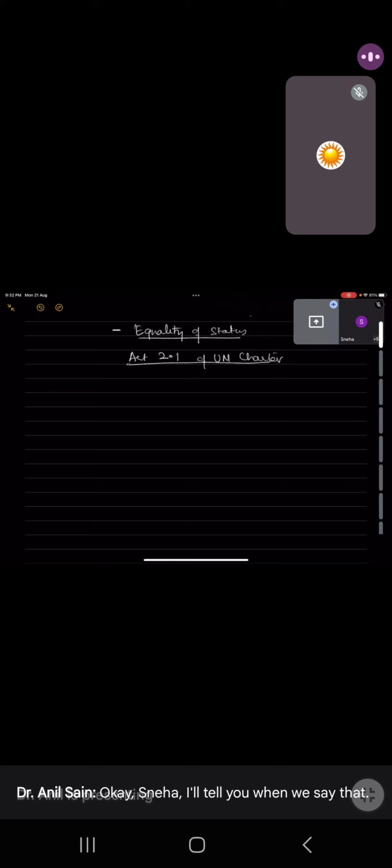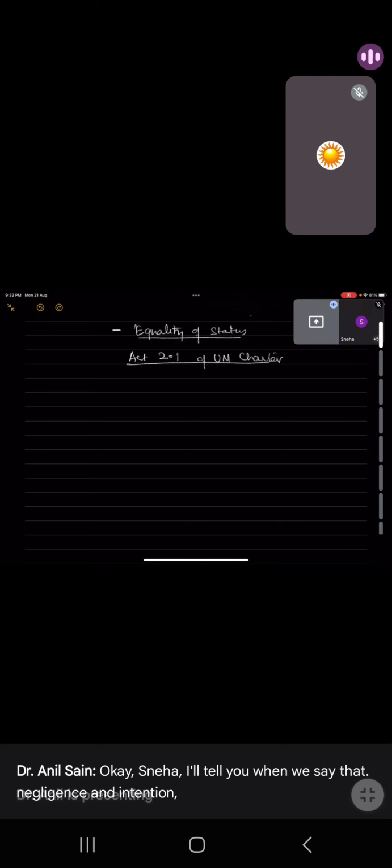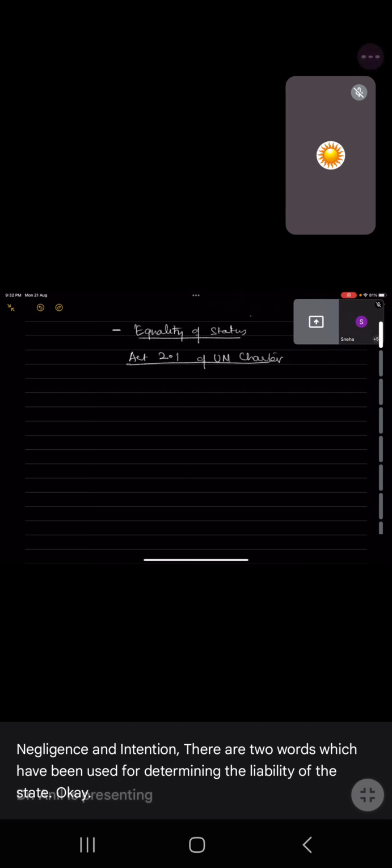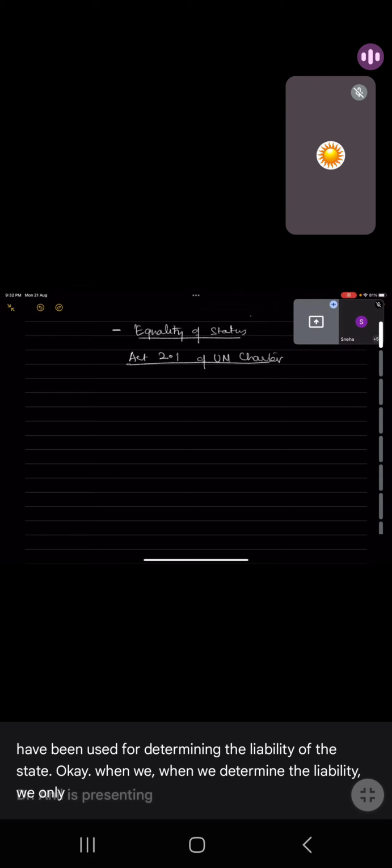Okay, Sneha, I'll tell you. When we say negligence and intention, there are two words which have been used for determining the liability of the state. When we determine the liability, we only focus on what the conduct of the state was.